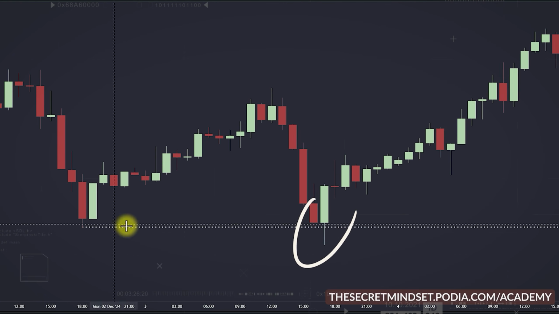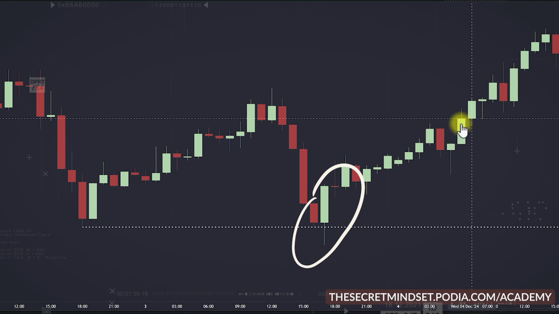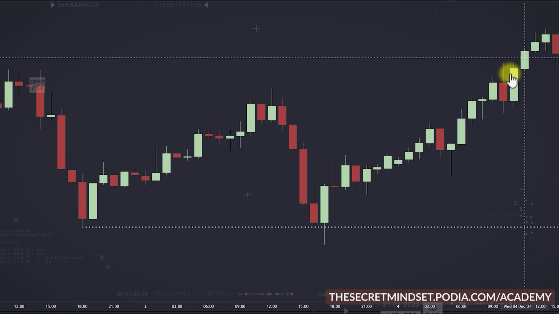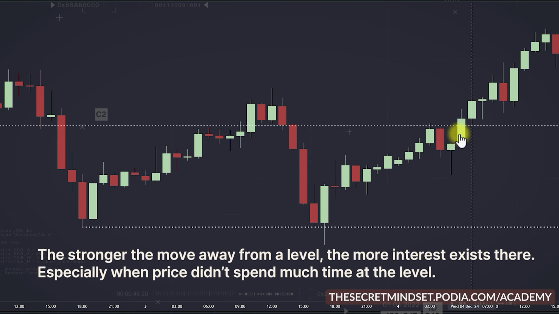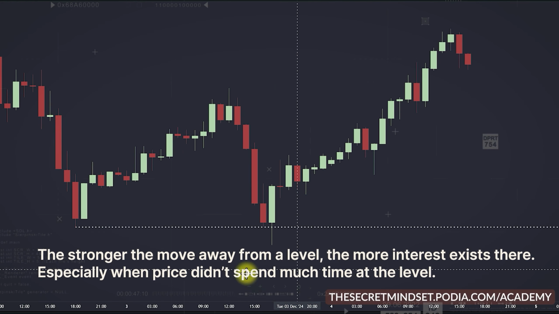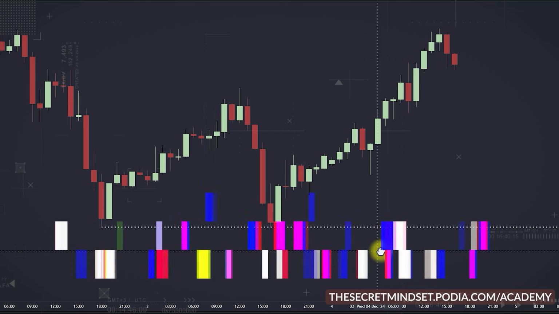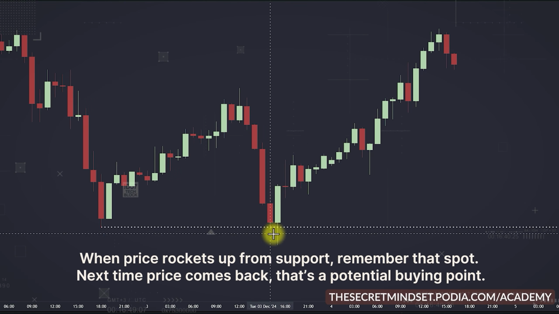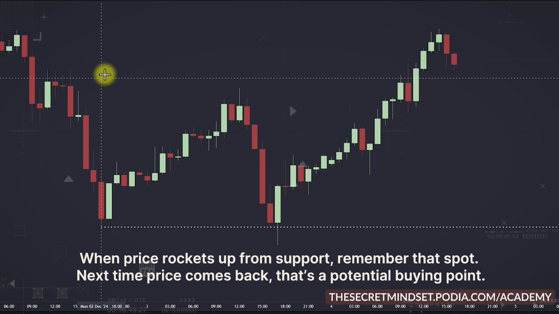That buying pressure had to come from somewhere. Someone with deep pockets, someone who knows something. Here's the key insight. The stronger the move away from a level, the more interest exists there, especially when price didn't spend much time at the level. So when price rockets up from support, remember that spot. Next time price comes back, that's where you want to buy.